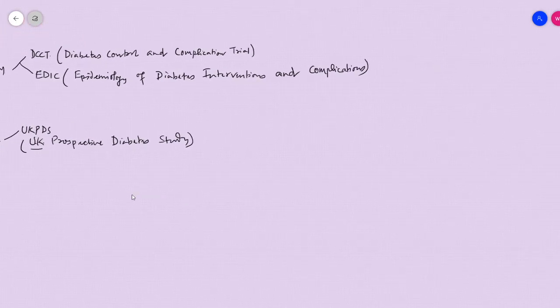In the DCCT, in every clinical trial you ask a question, and then you try to gather evidence with regards to that question.